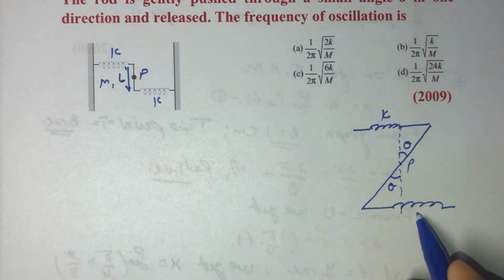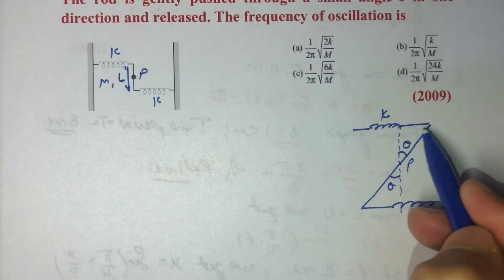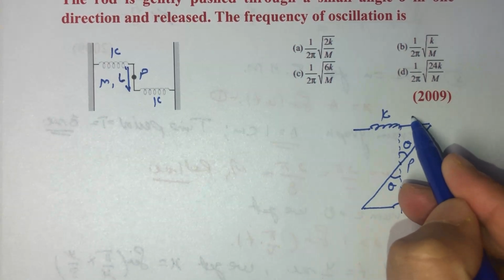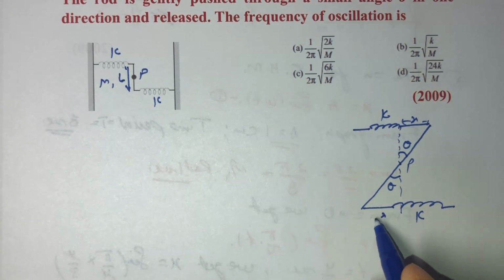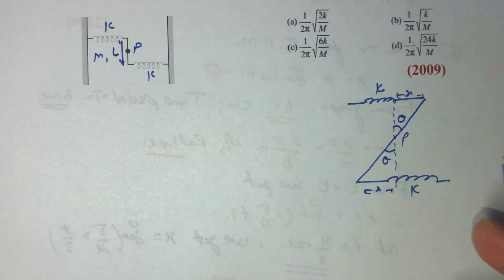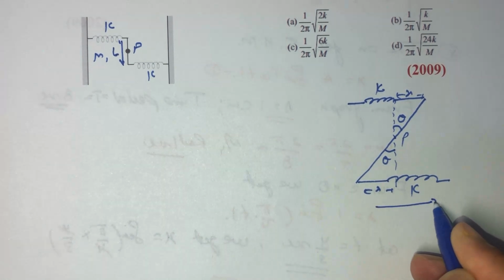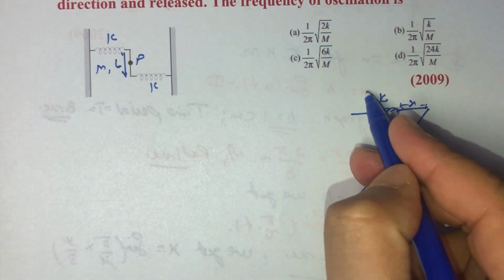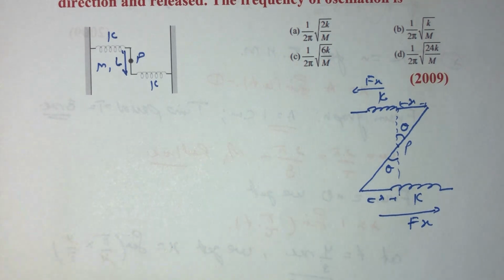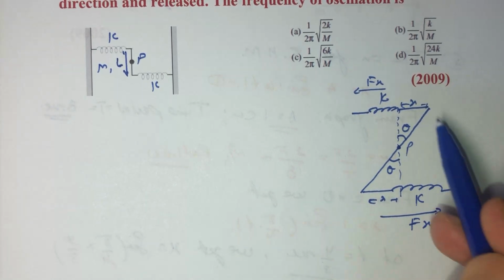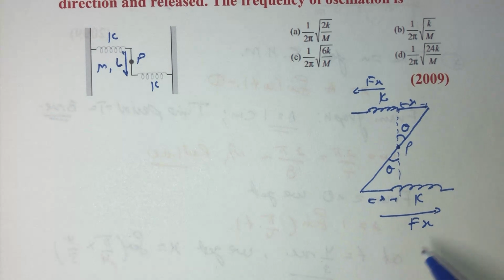So the spring constant is K, and here is also K, and if we say that the springs are extended by the amount x, here also and here also, there will be a restoring force acting on both the springs, in this direction, and let us call it minus Fx, and in this case also it will be Fx, and this restoring force is going to generate a torque around the pivot point P, which we are going to solve further.